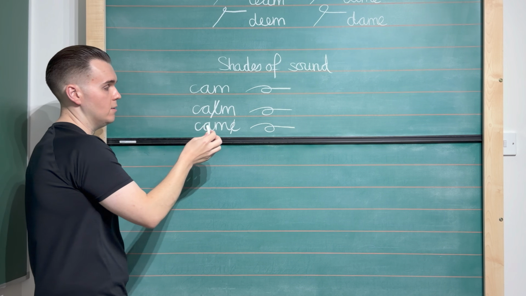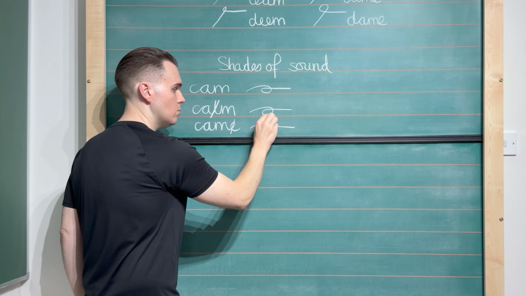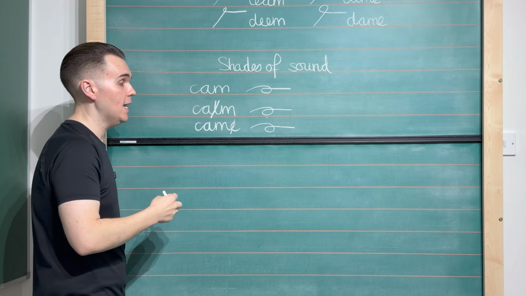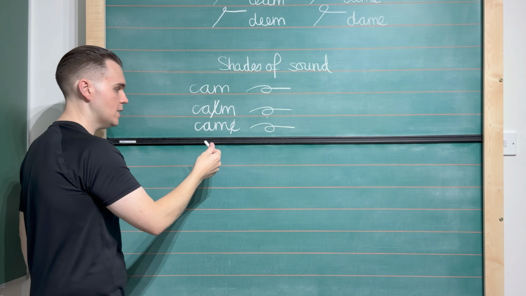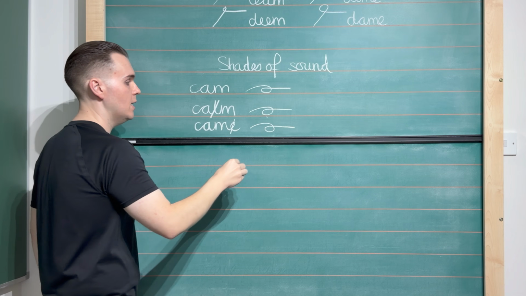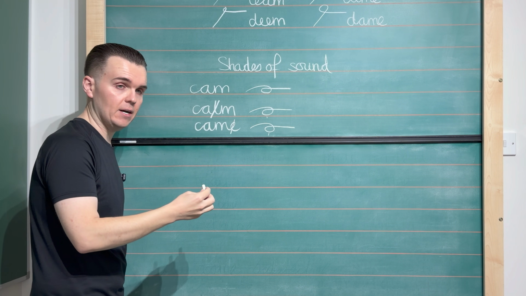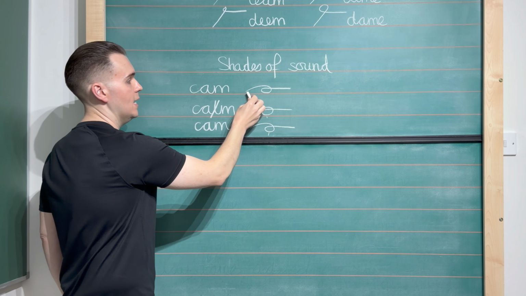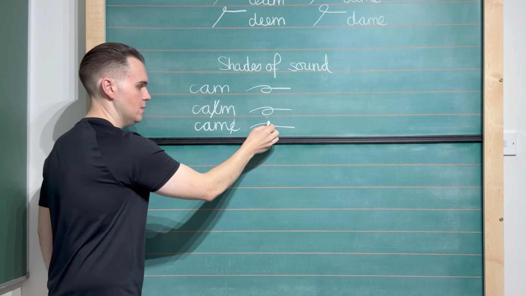The R sound as in calm, we can notate below the vowel, just a dot, tells us that that's the R sound of A as in calm. And the long sound of A as in came is just a short downward dash below the vowel, and that tells us which of the sounds it is, whether it's cam, calm or came, just with these.